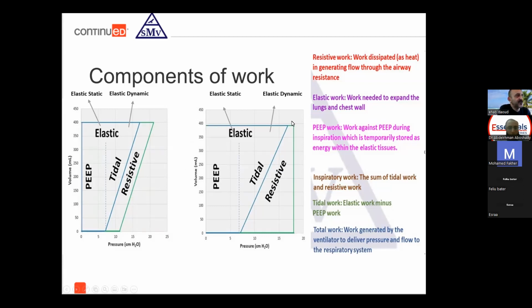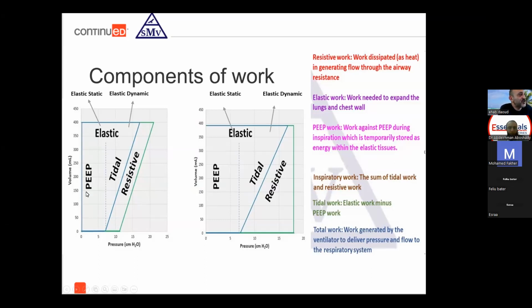If you look at the right side here, that's the right picture. Now, this is the same pressure volume curve, but in pressure controlled mode. So we know that the pressure controlled mode gives the square pressure waveform versus the volume controlled, which gives almost like a triangular shape airway pressure wave.